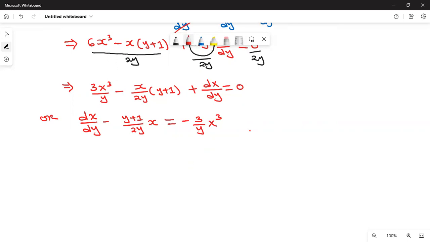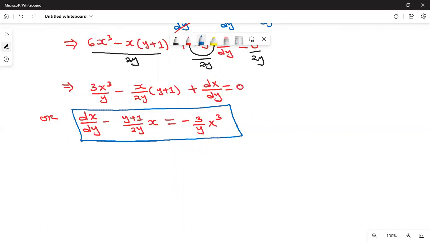Now, this equation is a Bernoulli's equation. Look at the dependent variable is x, and we still have x on the right hand side. So this is Bernoulli's equation. And in this case, our dependent variable is x, not y. So we look at the second form of the Bernoulli's equation, how to solve it.